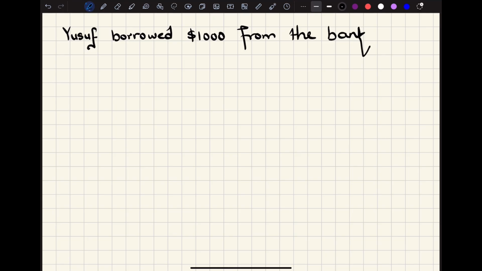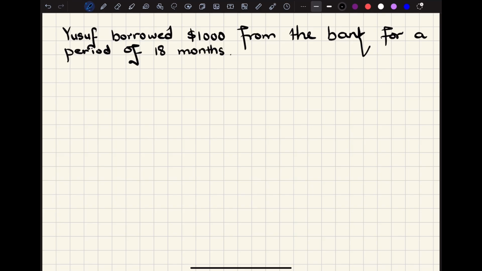Yusuf borrowed $1,000 from the bank for a period of 18 months.